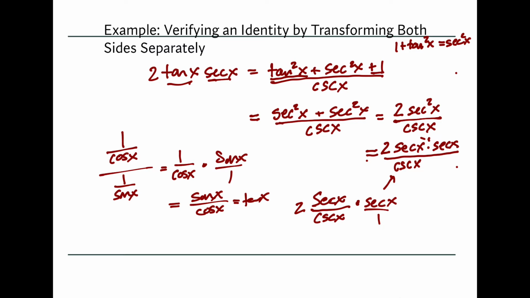So yes, secant over cosecant is the same as tangent. And so we would have tangent times secant x with the 2 out front, which is the same as what I have over here. So many, many steps there took me, but I was able to verify one or the other.